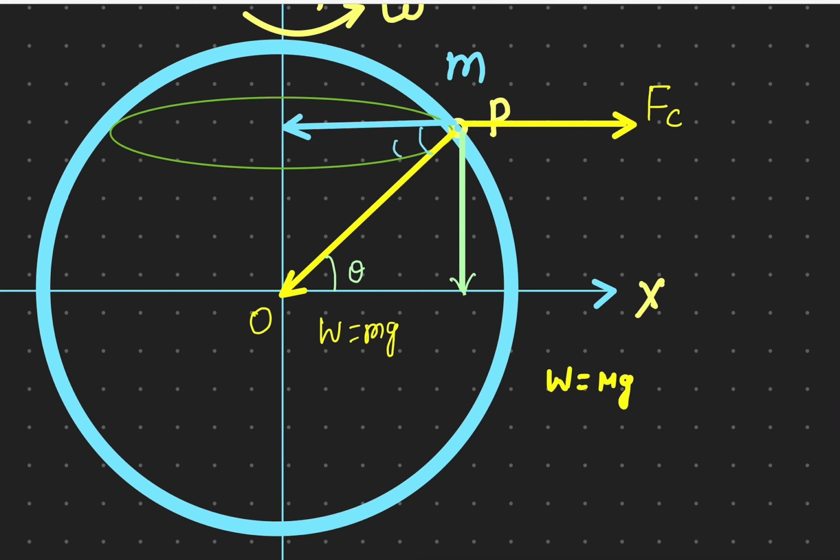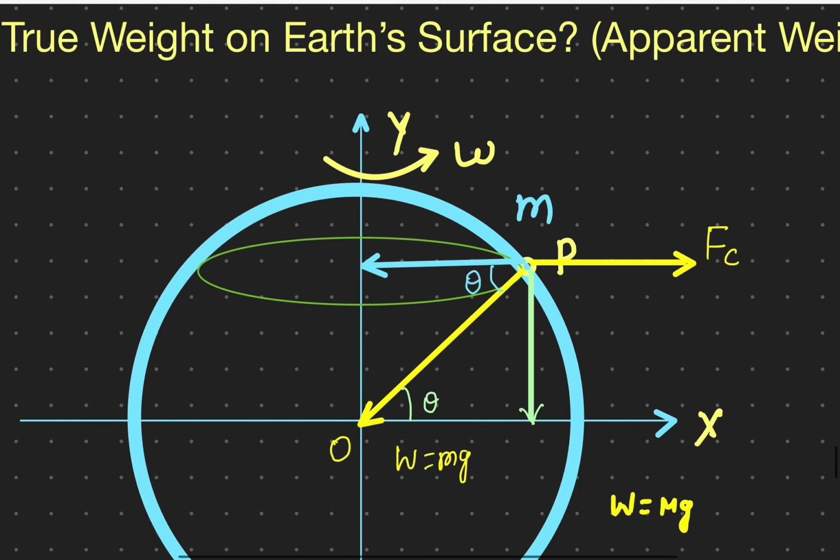This component, as this angle is theta, and if I look into this triangle again, will be the cosine component, which will be equal to mg cosine theta.